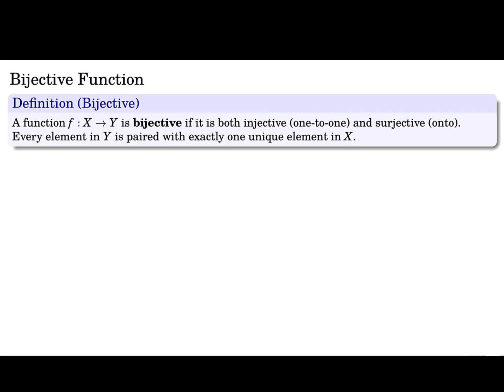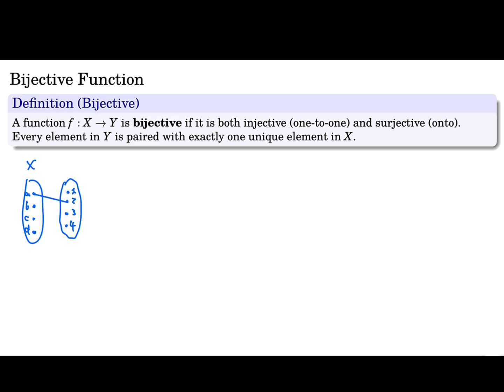So let's see an example here. Let's say you have this set here, A, B, C, and D, and let's say this is our domain. And then let's say you have 1, 2, 3, and 4.